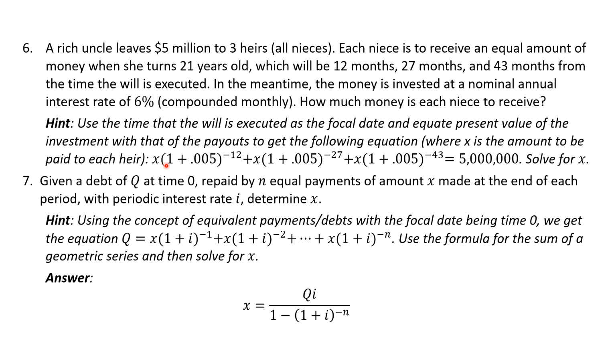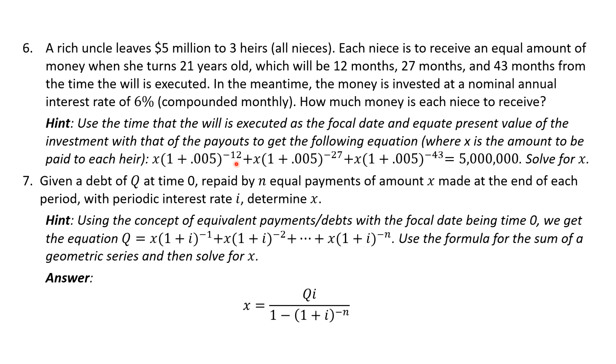And then what's the present value of the amount of money to the 3 nieces at that same time? So you have to discount it by 12 months for the first, the oldest niece, and then discount it for 27 months for the next niece, and discount the amount for 43 months for the youngest niece.